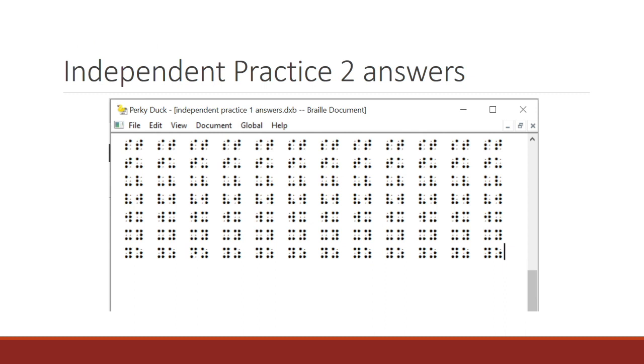Here are the answers in Braille font for independent practice 2. The letters are ST, TU, UV, VW, WX, XY, and YZ.